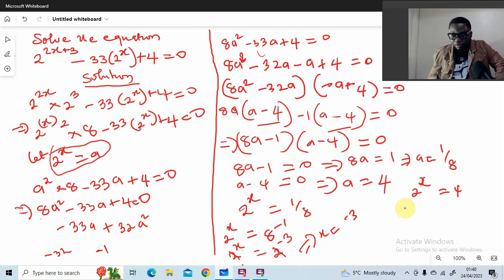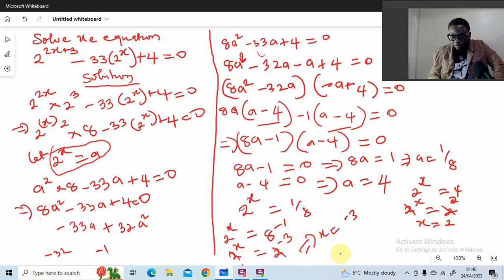That would be 2 exponent x is equal to 2 raised to the power of 2, because 2 raised to the power of 2 is 4. So now you see that we have a common base. 2 will cancel out 2, you're picking x as 2. x is equal to 2.